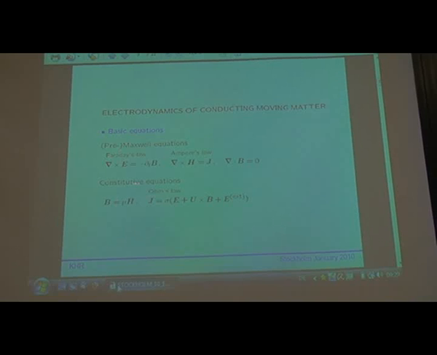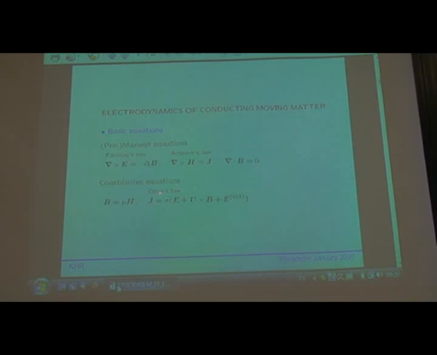So, Faraday's law is used in general form. In Ampere's law, it belongs to the magnetohydrodynamic approximation that the displacement current is neglected. And divergence B is equal to 0.